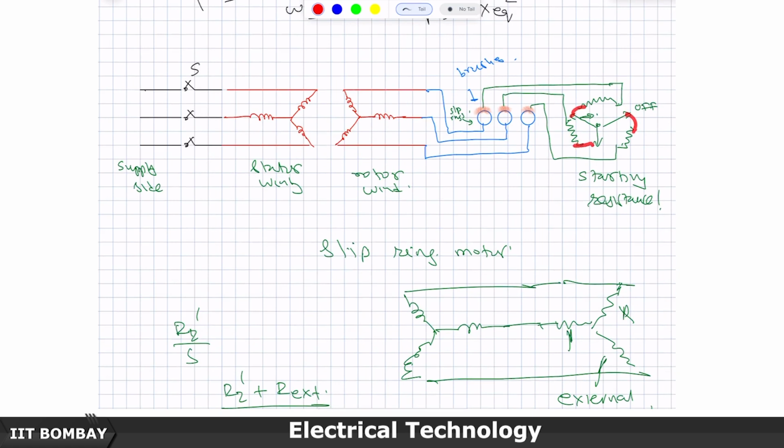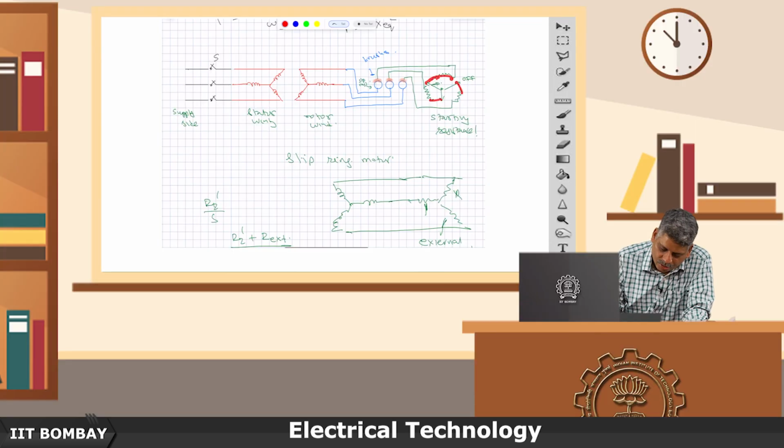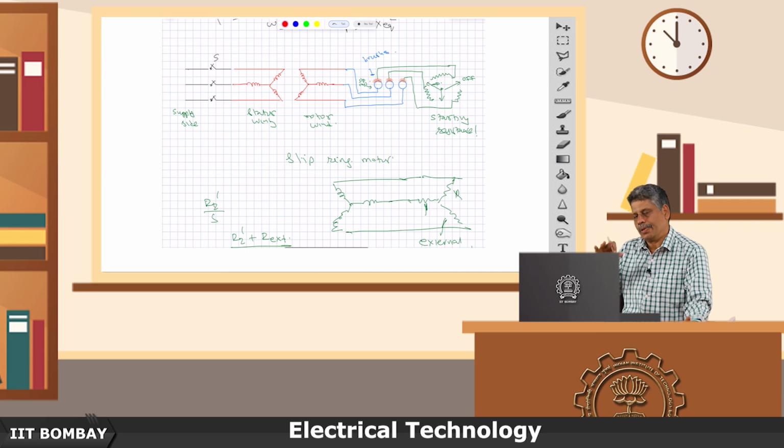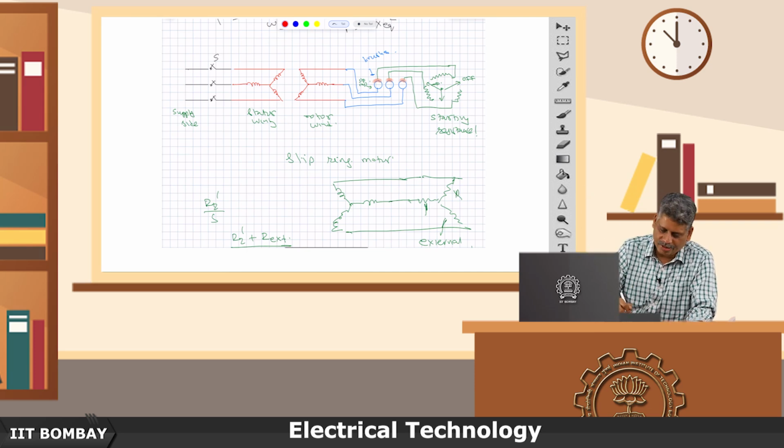First I will close these switches, then I will move this, close these switches. So, this whole resistance will come into the series. So, I will get a lower current than normal. If these windings were just short circuited, I will get much less current than that, and a higher torque also, and my machine will start.